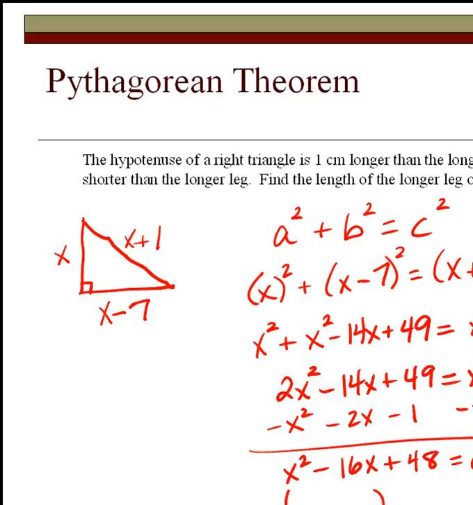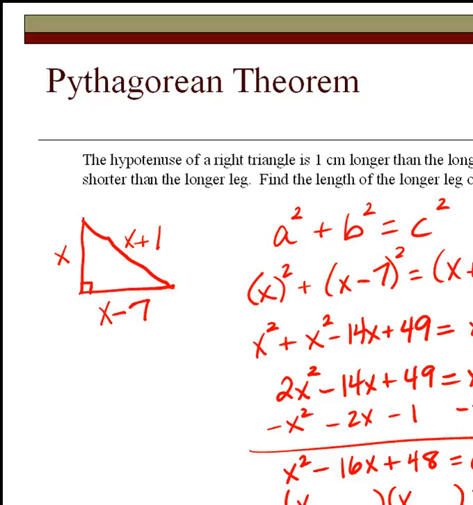So now our job is to try to find the factors of 48 whose sum is 16. If we look at the factors of 48, we have 1 and 48, 2 and 24, 3 and 16, 4 and 12, and 6 and 8.